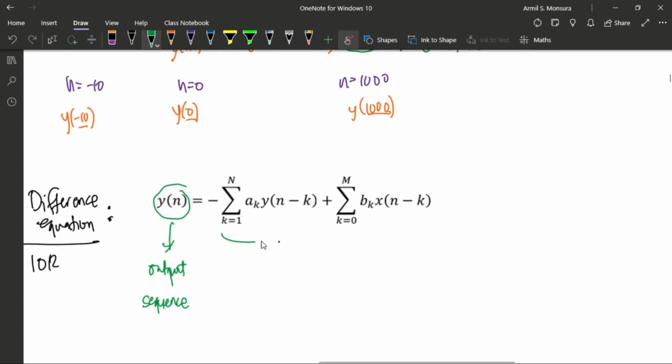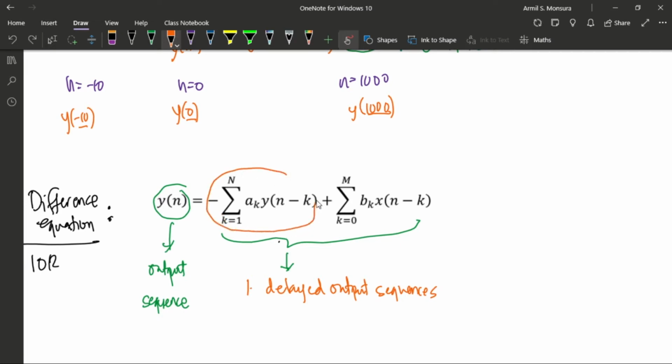Now, on the other side, what you would be seeing are the following. As I mentioned earlier, number 1 is the delayed output sequences, represented by the first term of your difference equation.